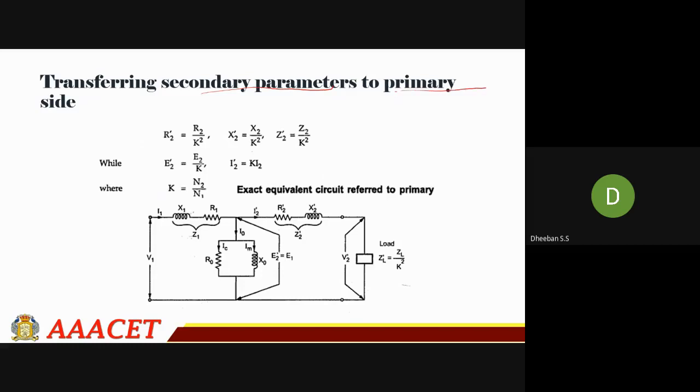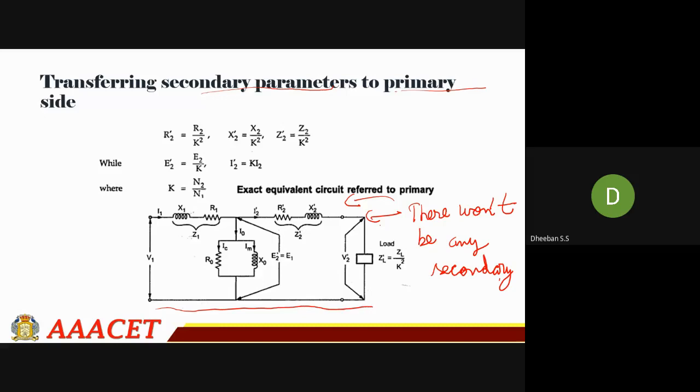So in this diagram, there won't be any secondary side. We have completely converted the secondary side into the primary side. So now this is an equivalent circuit referred only to the primary.